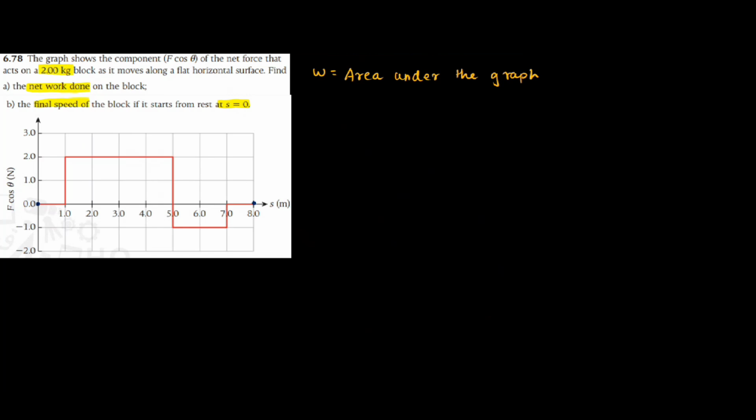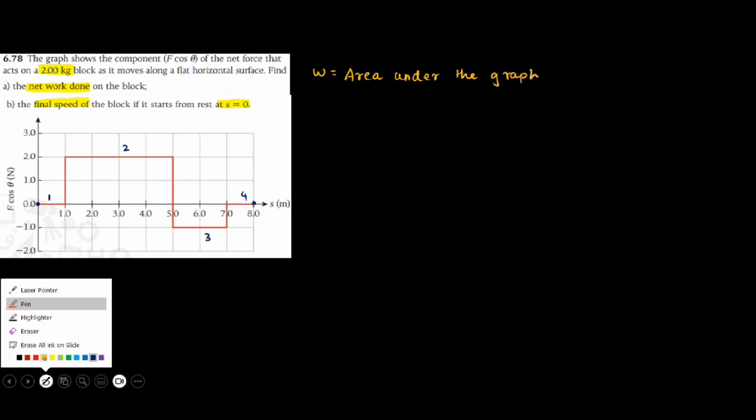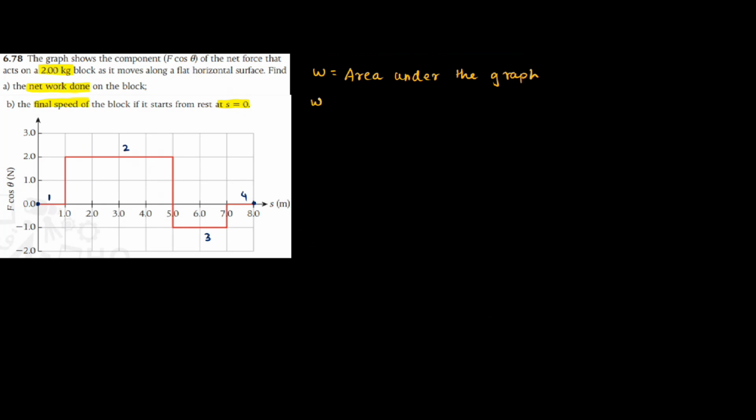You need to find the area under this region. So let's divide this region into separate parts. I will call the region from 0 to 1 as 1, from 1 to 5 as 2, this will be 3 and 4. So if I want to find the net work done, I need to find the area under each of these regions, W1 plus W2 plus W3 plus W4.